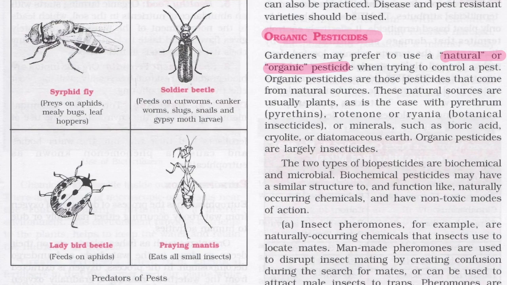Organic pesticides are largely insecticides. The two types of biopesticides are biochemical and microbial. Biochemical pesticides have a similar structure to and function like naturally occurring chemicals, and they have non-toxic modes of action.